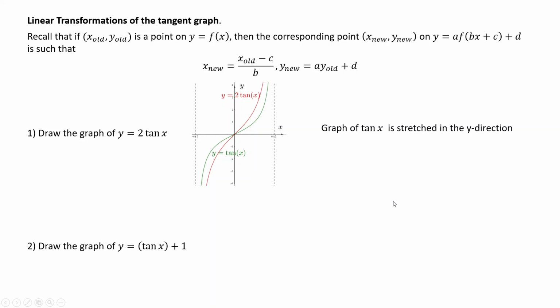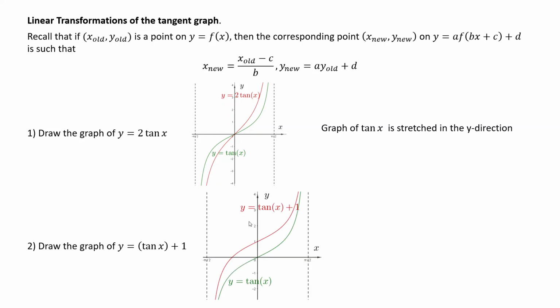So a is 1, which means that the y values are not stretched, and x is not being affected. It is y old plus d, so every old y value has 1 added to it. When you do that, this graph is scooted up by 1 unit. And that is precisely what you see.